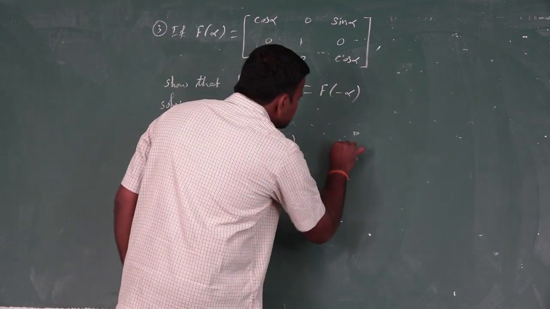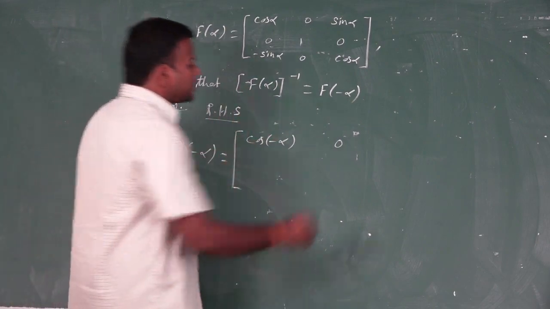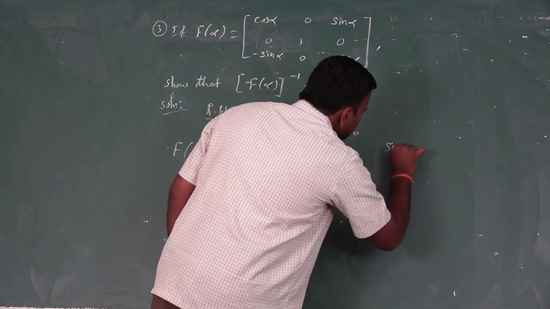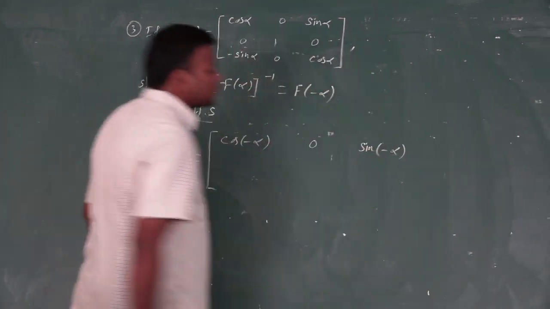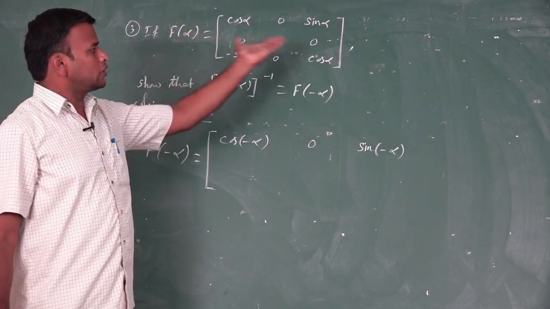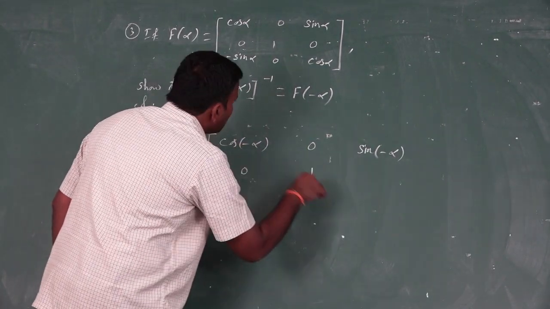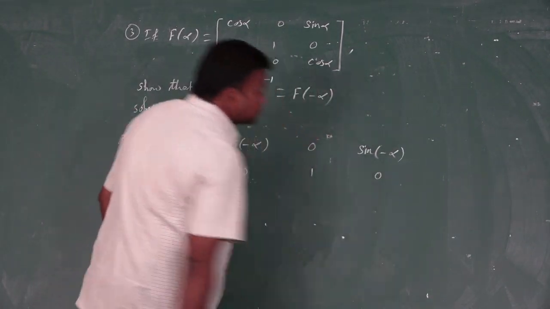Next, 0 is 0. Sin alpha becomes sin of minus alpha. That is the first row. The second row has no change because there is no term involving alpha, so 0, 1, 0.